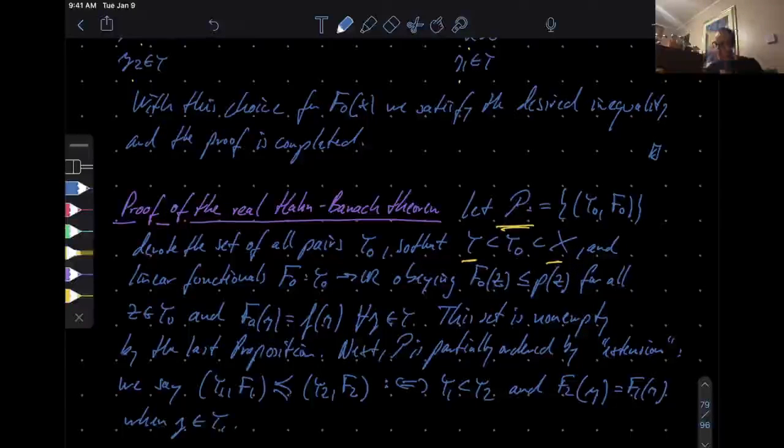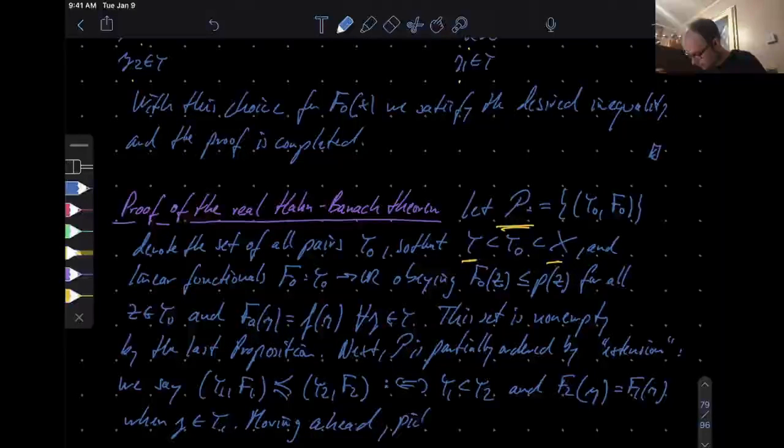Now you have to check that this is indeed a partial order, that is to say it's reflexive, transitive, and anti-symmetric, but that is easy to see. All right, moving ahead. Now we have to pick an arbitrary chain, that is a totally ordered subset of curly P. Pick any chain.